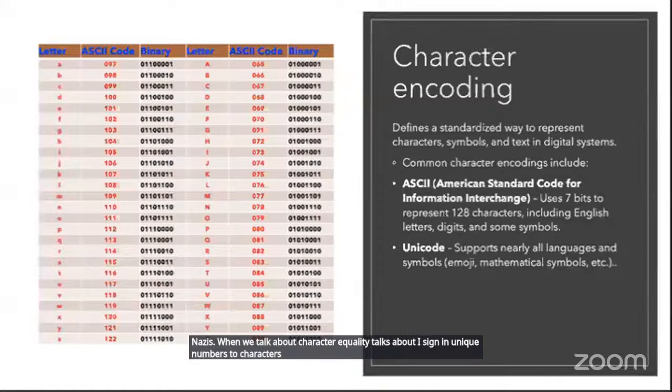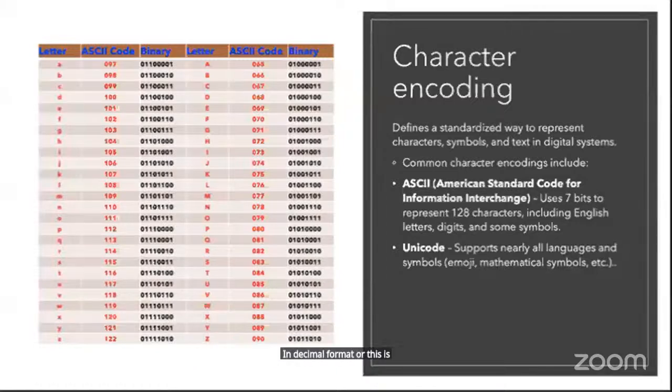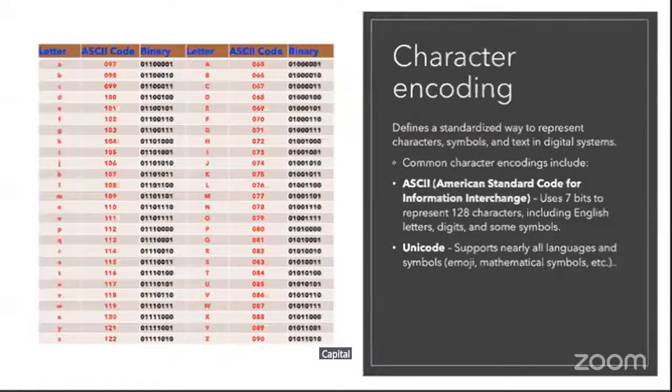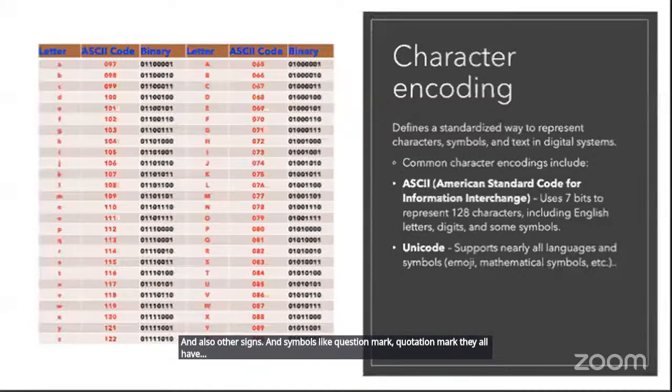This is the value in decimal format, this is the value in binary, this is the value in hex format, this is the value in octal. Capital A has a different value, small a has a different value. Capital T has a different value, small t has a different value. And also other signs and symbols like question mark and quotation mark, they all have their unique numbers assigned to them.